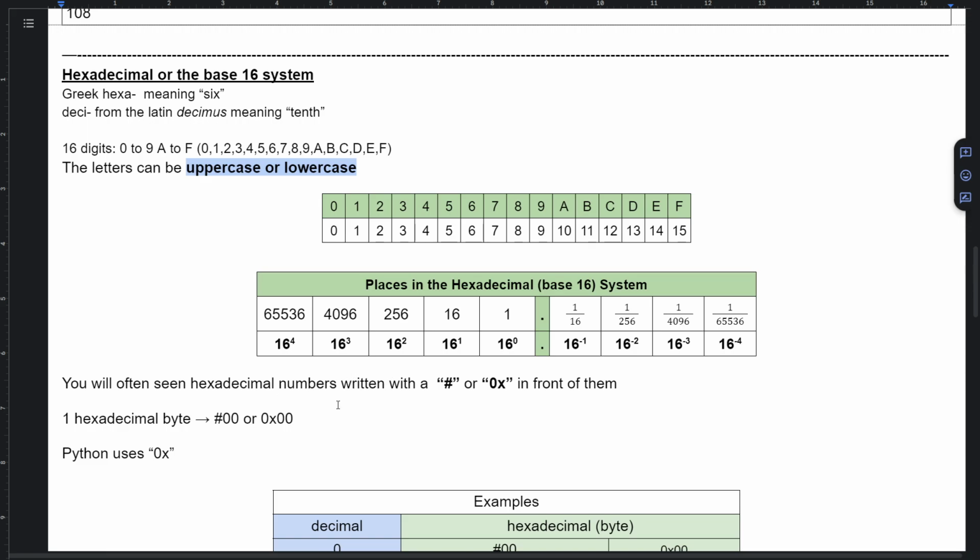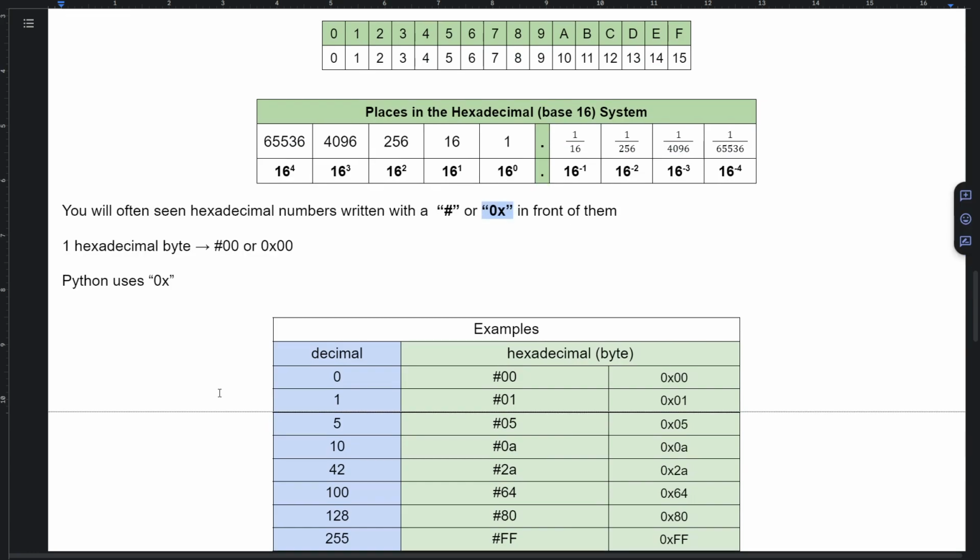So you will also often see them written with a hashtag or hash symbol or pound sign, however you talk about it. Or in Python and some other places, you also see it with a 0x in front of it. So these are things to indicate that the number is not decimal or binary. It is in fact a hexadecimal number. You may not think it's important right now when you're just looking at it, but when you look at some of these numbers, you're going to be like, okay, is that decimal or is that hexadecimal?